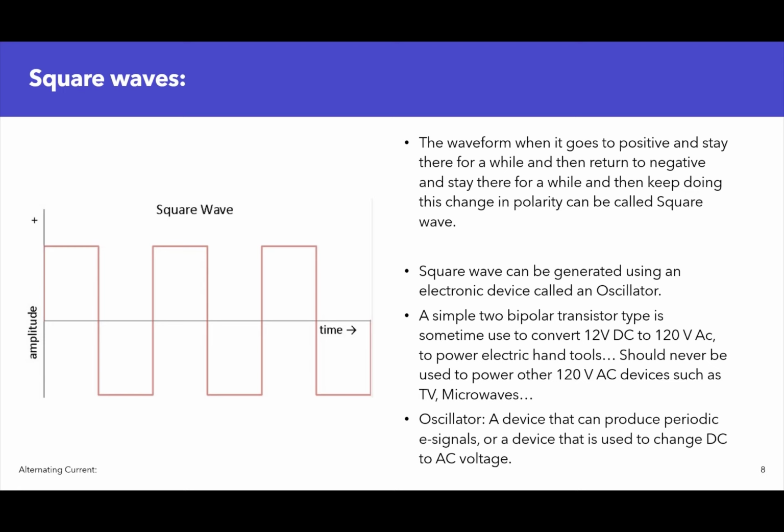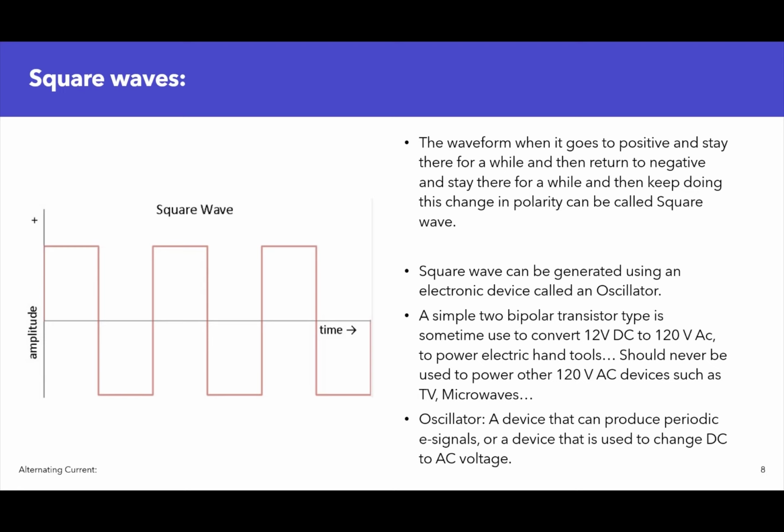That's how we define this thing. When the waveform goes positive and stays there for a while, then returns to negative and stays there for a while and keeps going, this change in polarity is called a square wave, because it looks perfectly square.